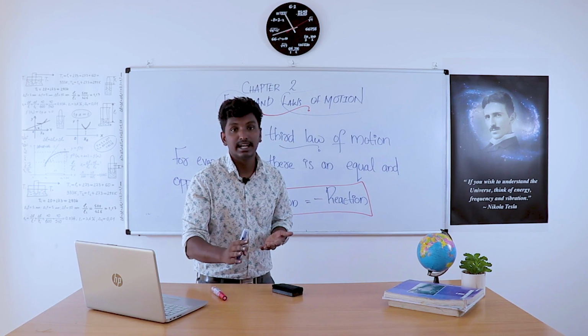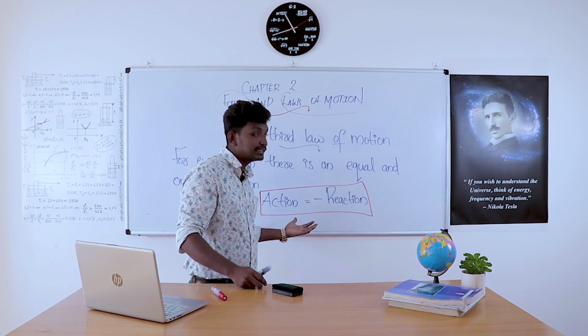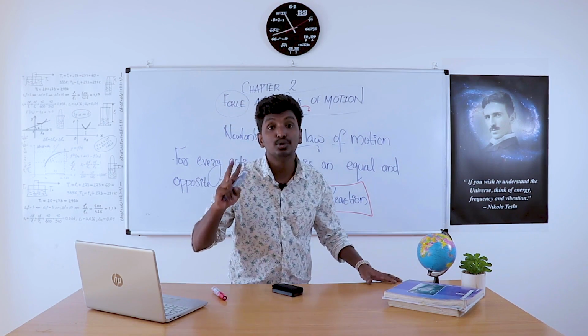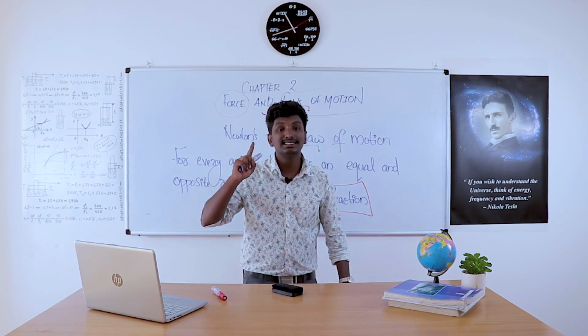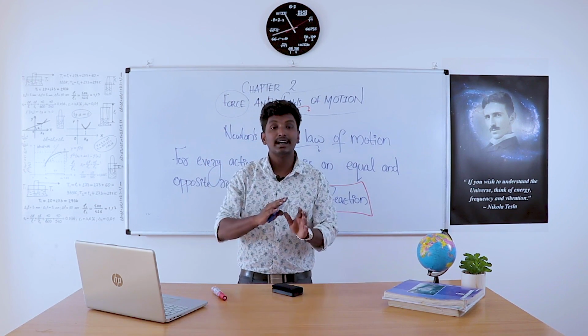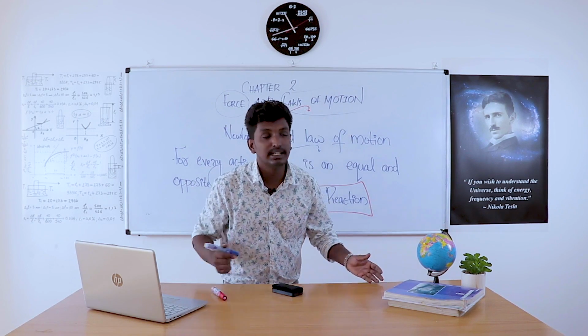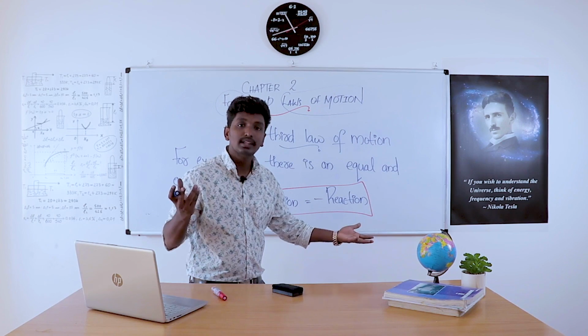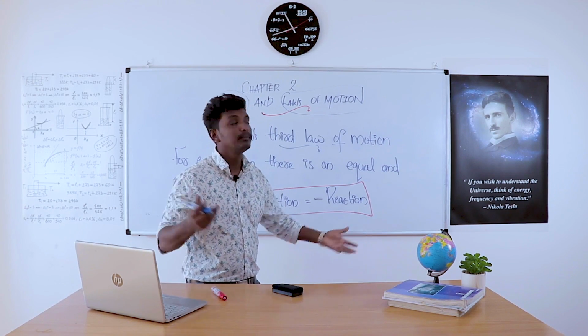Simply we can say the answer is that action and reaction are happening in two bodies, not in a single body or object, but in different objects. So they do not cancel each other. Simple.